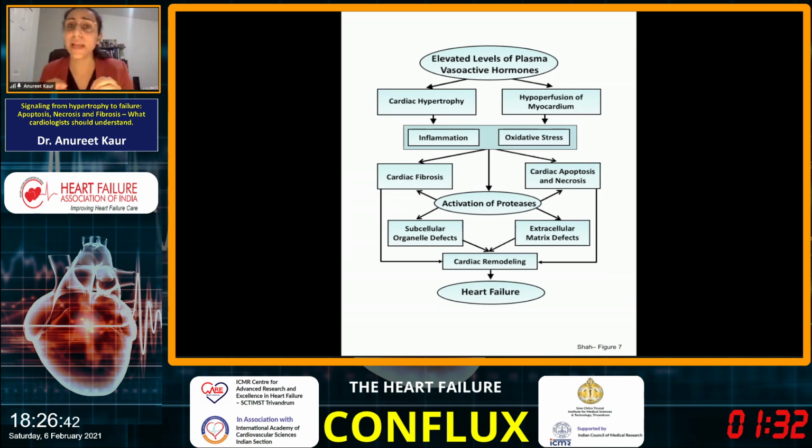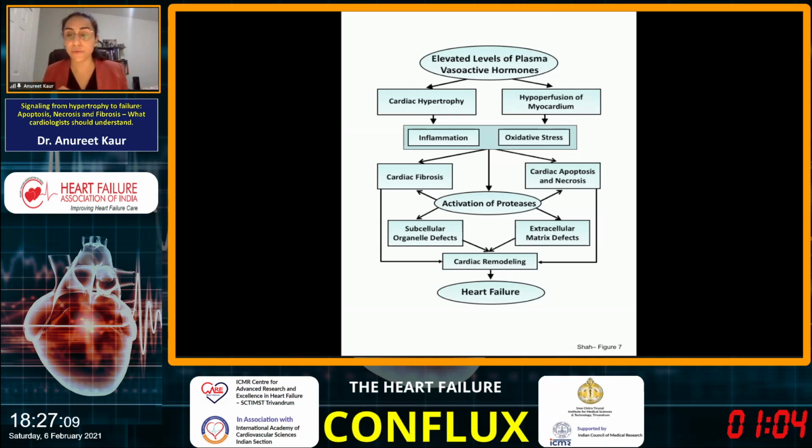So one thing I would like to summarize here is the imbalance between cytokine production, like TNF alpha and TNF beta and all those interferons and interleukins, and the imbalance causes inflammation. The imbalance between antioxidant reserve and the formation of free radicals leads to oxidative stress. So inflammation and oxidative stress together cause a kind of vicious cycle.